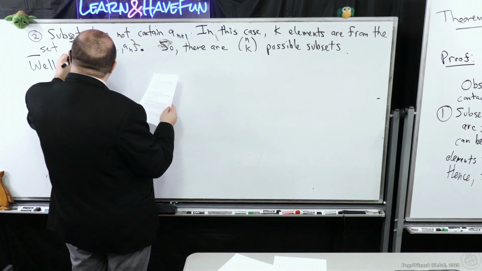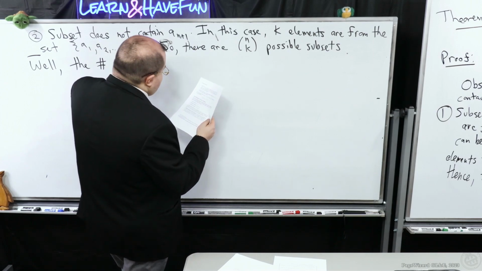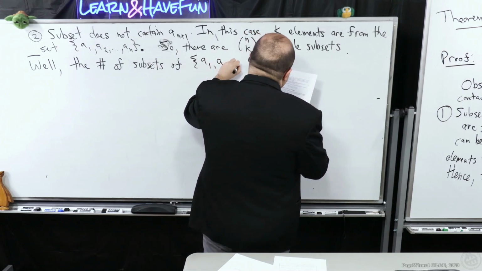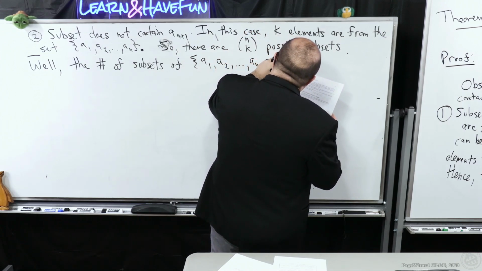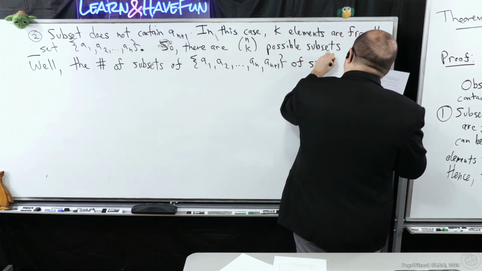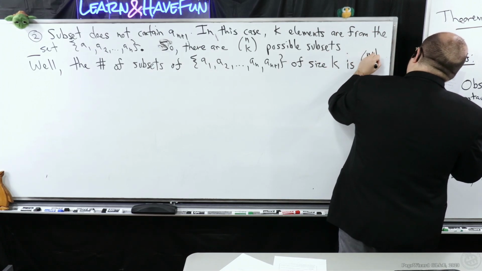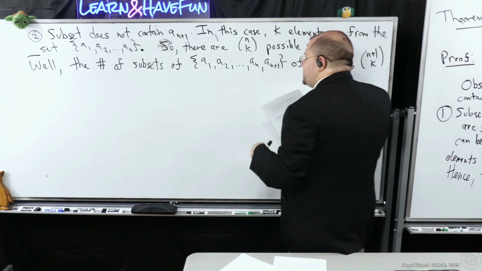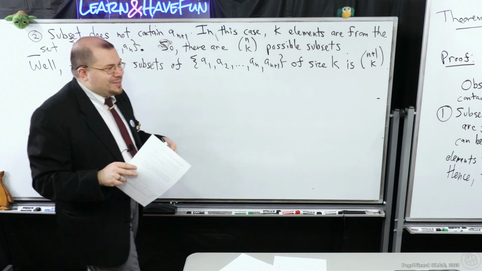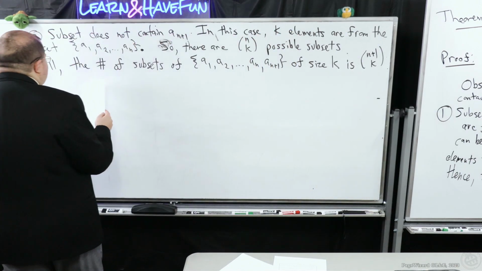Well, the number of subsets of A1, A2, all the way up to AN and AN plus 1, remember there's n plus 1 of them, of size k, by definition, is n plus 1 choose k, right? That's the left-hand side of the formula. But I've considered now how you could get all of these, right? And how many there are.